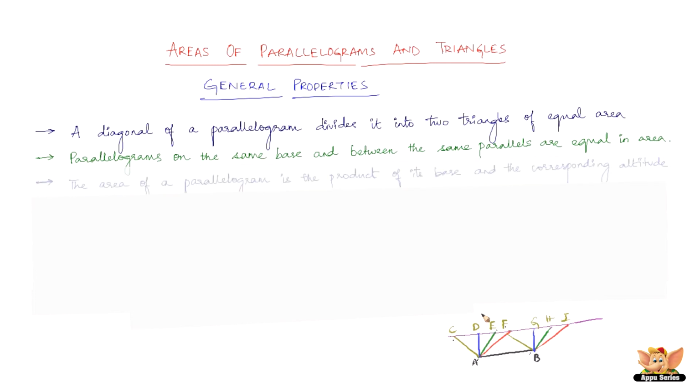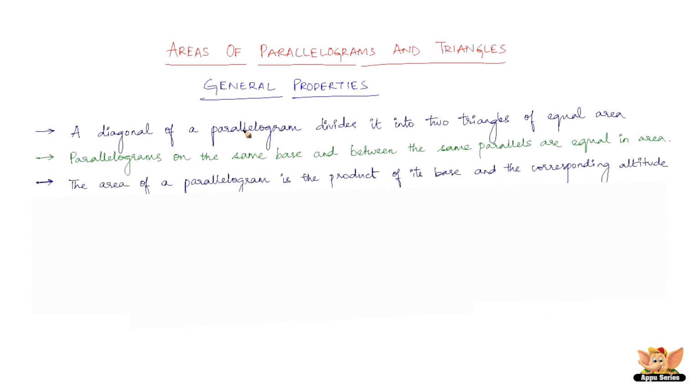The next property states that the area of a parallelogram is the product of its base and the corresponding altitude. Now say for example, let us draw parallelogram ABCD. Its base is AB and its altitude is a perpendicular line drawn on that base and touching the opposite line as well.